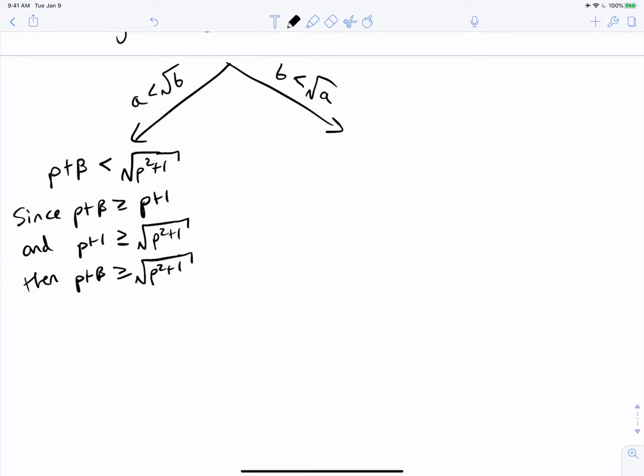So that first condition doesn't work anymore. It's not true that a is less than the square root of b.